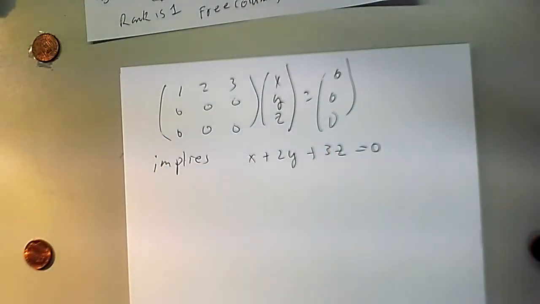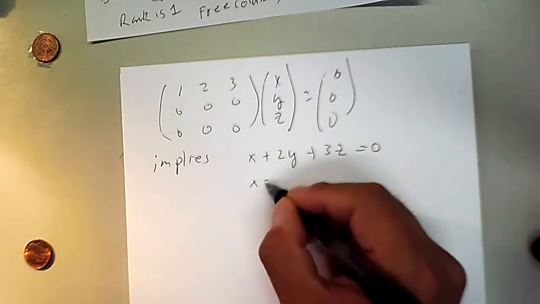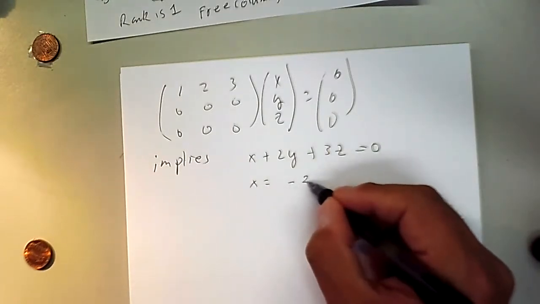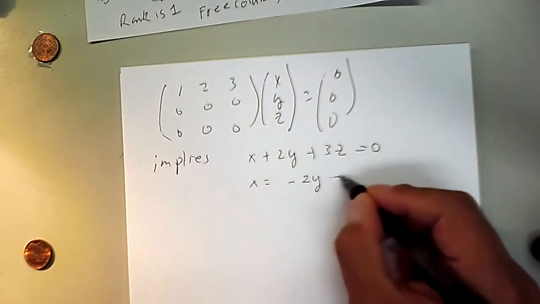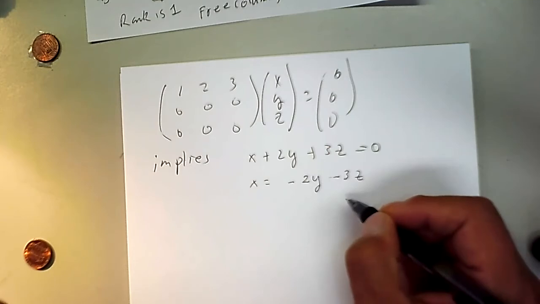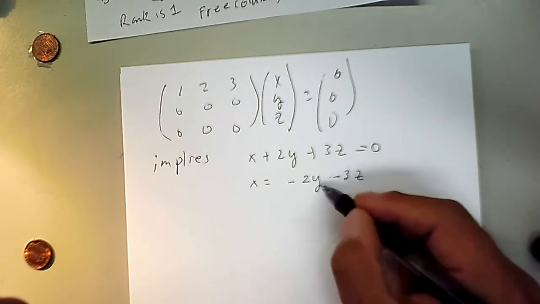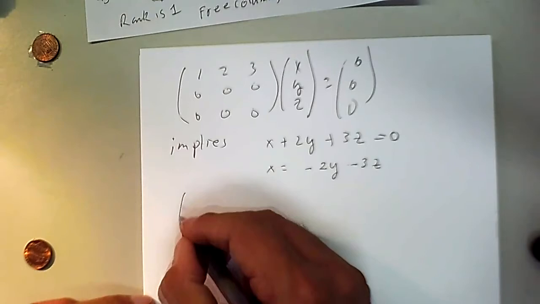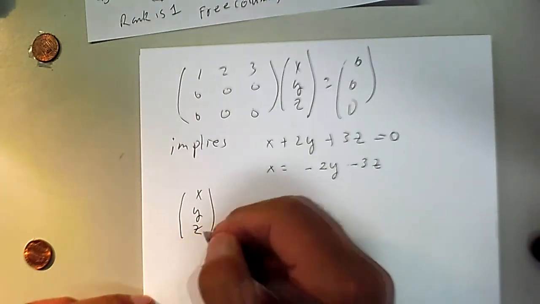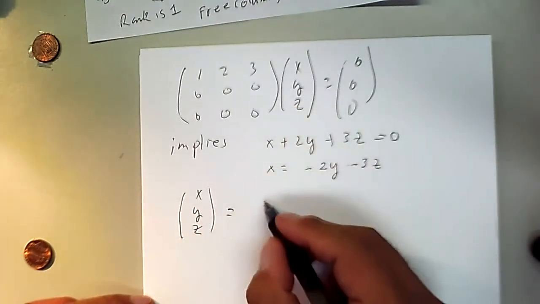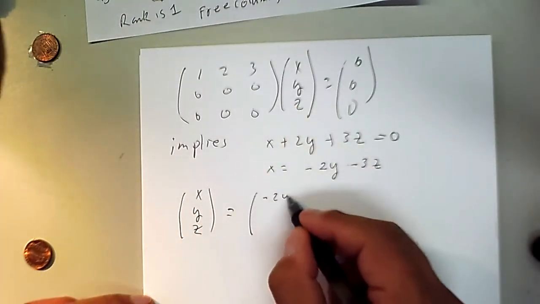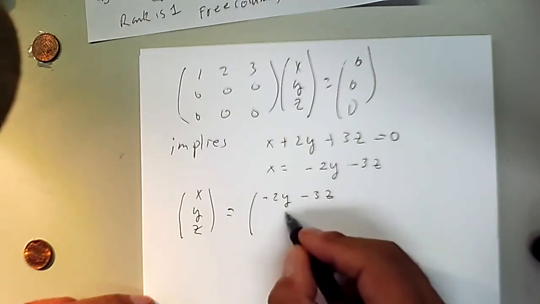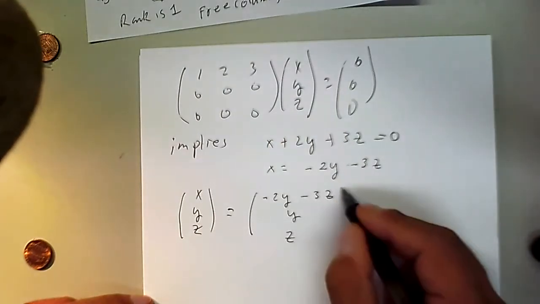And that means that x has to be negative 2y minus 3z, and that means that y and z can be anything they want to be. In other words, x, y, z, for this to work, has to be negative 2y minus 3z, and y can be anything and z can be anything.